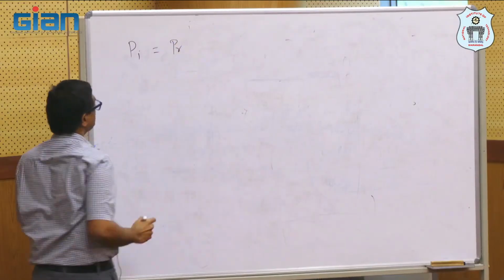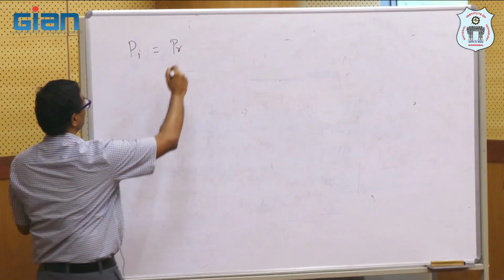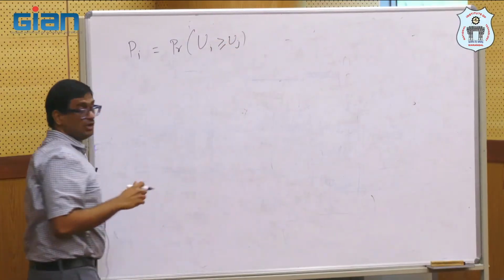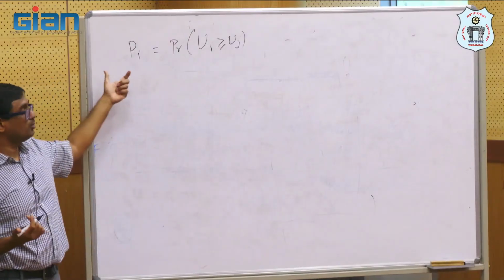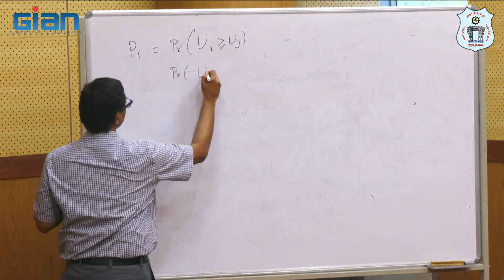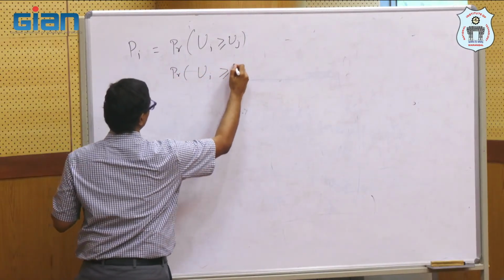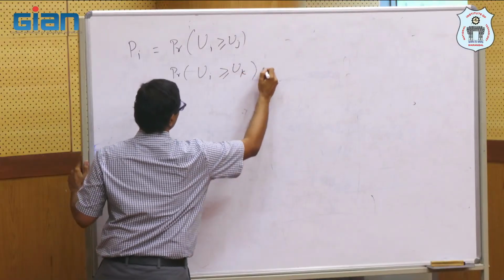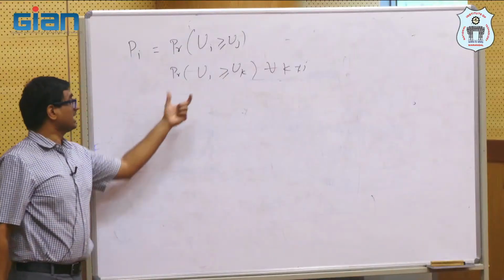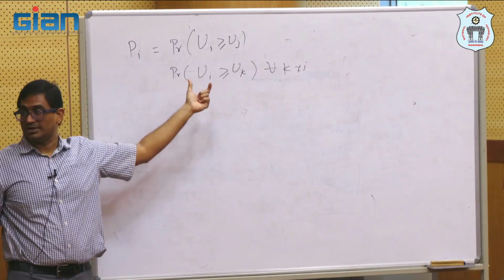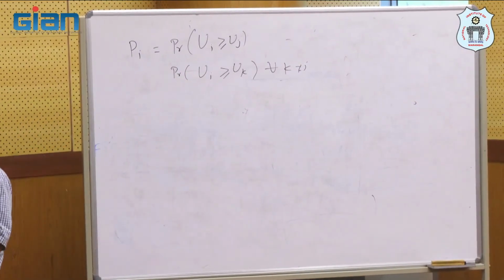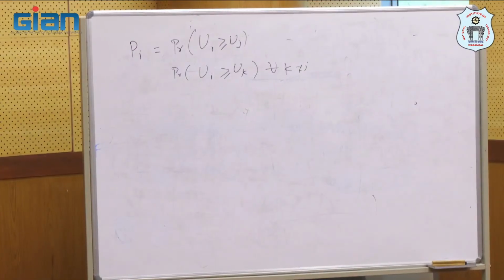When we chose between 2 alternatives, we said U1 should be greater than or equal to U2. But now when you have multiple alternatives, what we need is the probability that Ui is greater than or equal to Uk for all k. This is the condition. When we have more than 2 alternatives, what we are saying is I choose the alternative that gives me the highest utility, right?